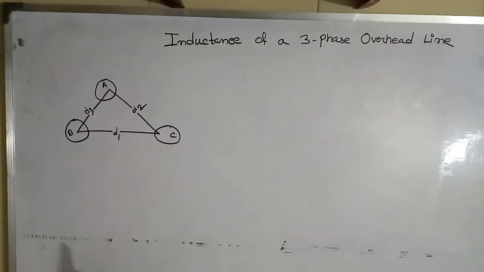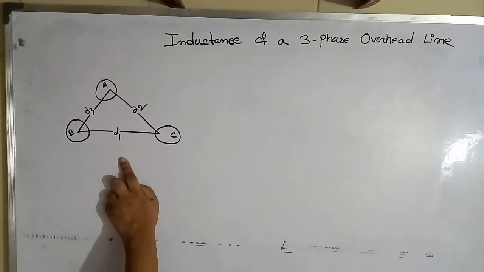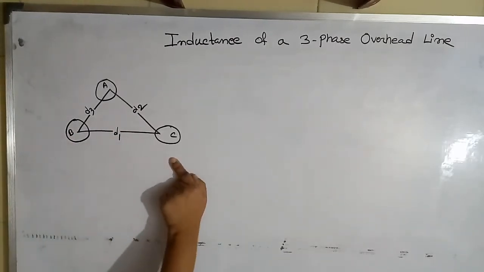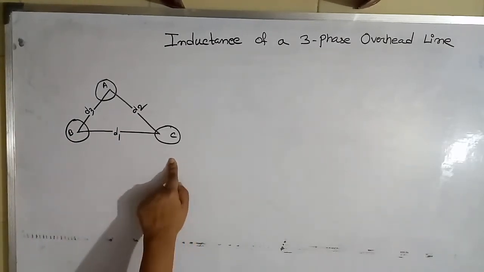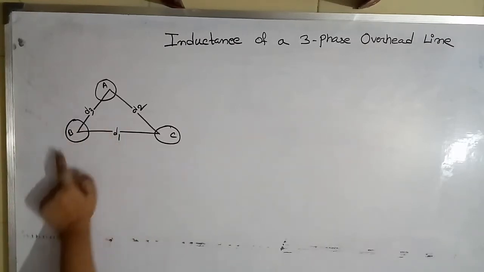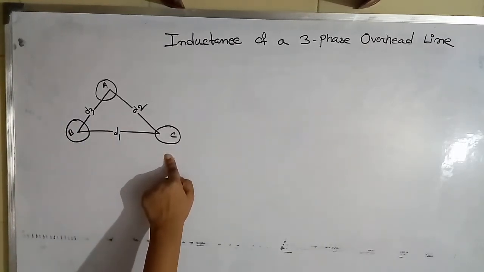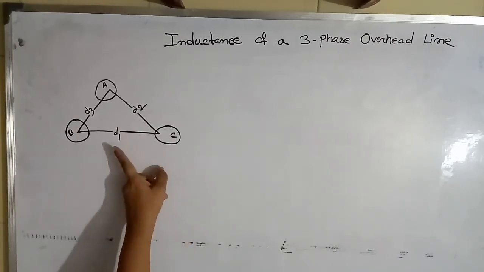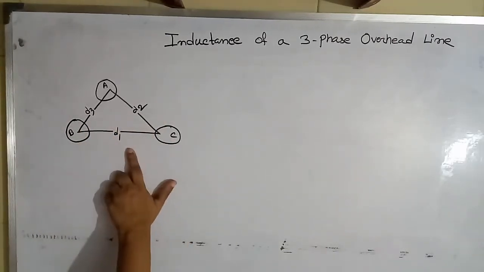Now this figure shows three conductors A, B, C of a three-phase line carrying currents IA, IB and IC. Let D1, D2 and D3 be the spacing between the conductors.